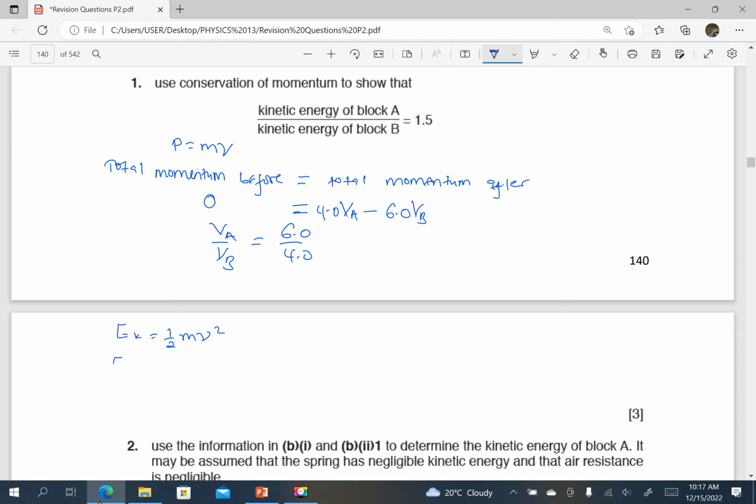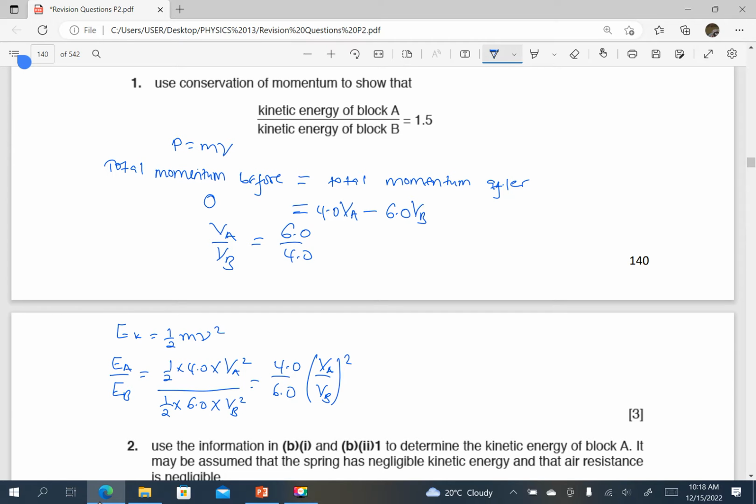So the ratio kinetic energy of block A over kinetic energy of block B will be equal to a half, the mass of block A is 4.0 times the speed is VA squared, divided by, for B it is a half, the mass is 6.0 times VB squared. So the half has already cancelled, I will not take it any further. So this is going to be 4.0 over 6.0 into brackets, we have VA over VB, but this one is also squared.